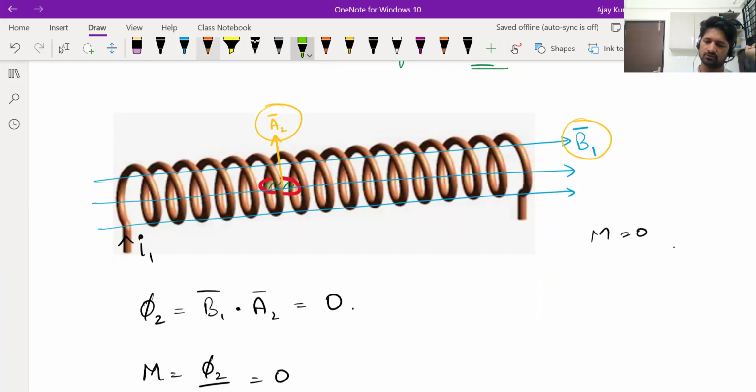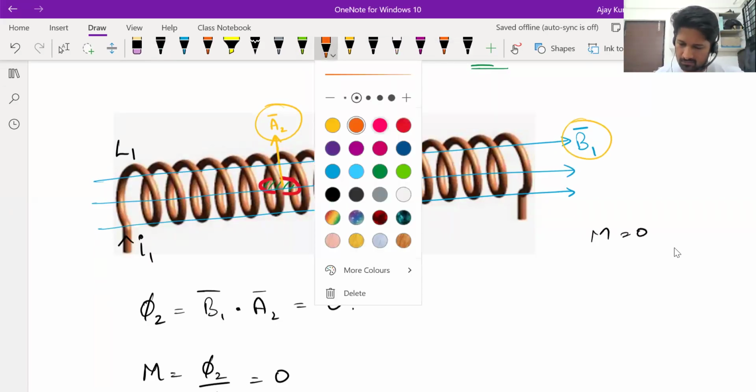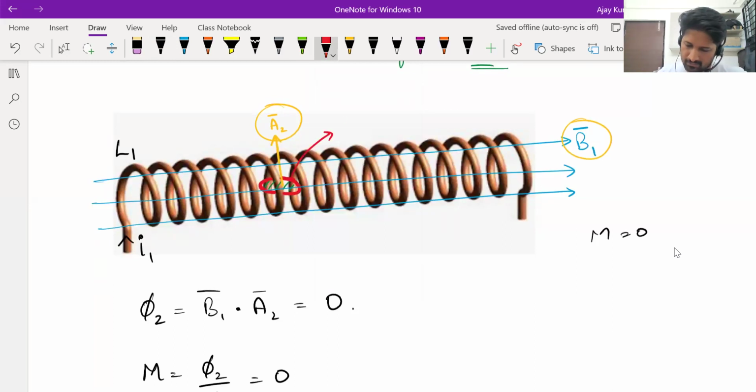The solenoid has its own inductance. You can call it L1. The circle will have its own inductance. You can call that L2. Those are not zeros. For the solenoid, we derived mu naught n square L pi r square. The circle also will have an inductance of its own.